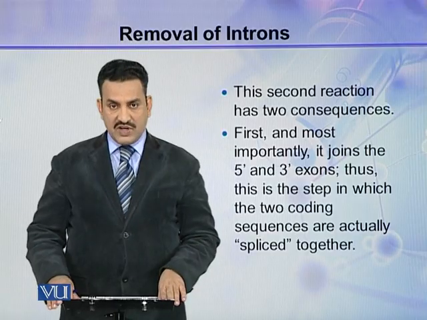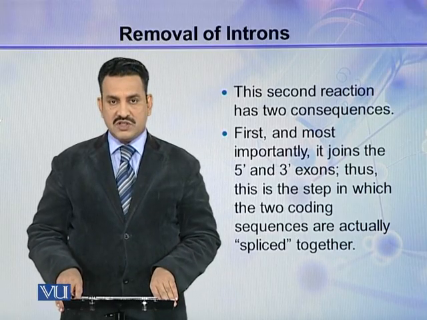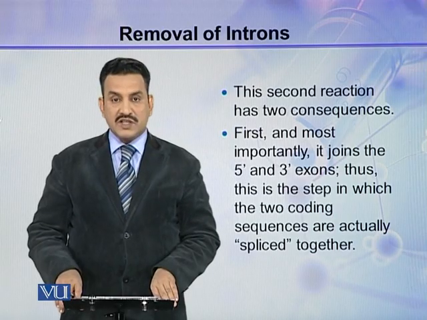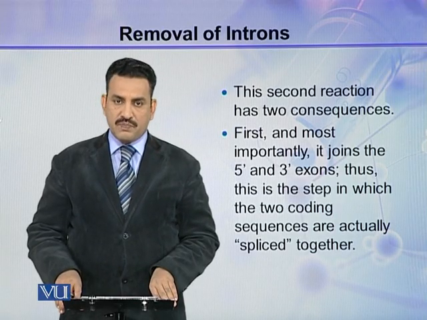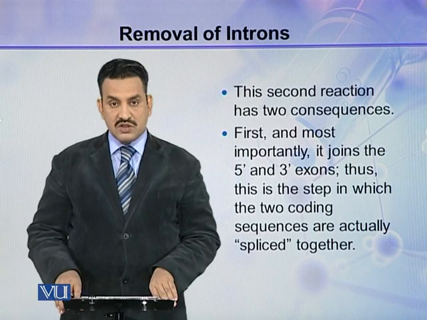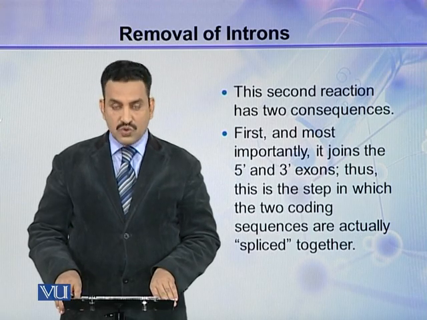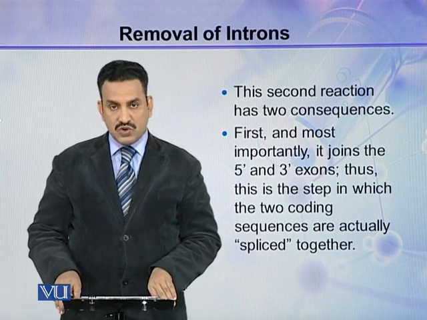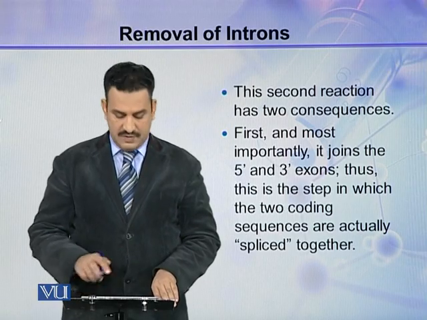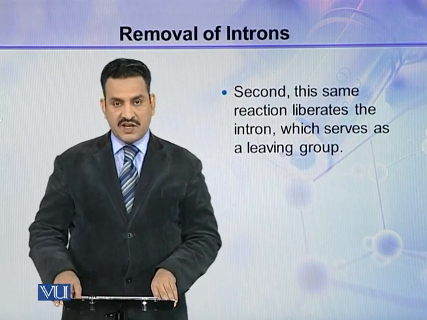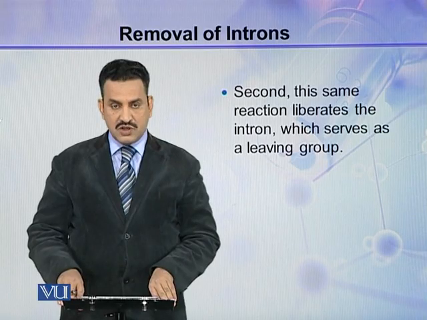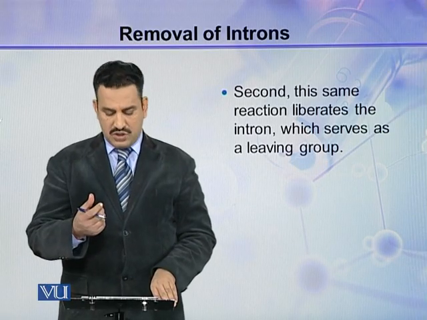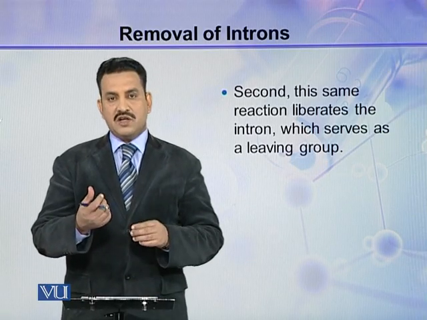This second reaction has two consequences. First and most important, it joins the 5' and 3' exons. Thus, this is the step in which two coding sequences are actually spliced together. Second, this same reaction liberates the intron, which serves as a leaving group.